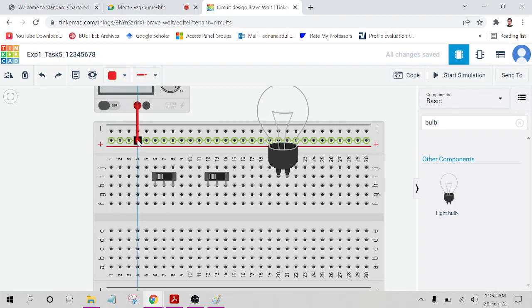First the positive terminal to the positive line, and then the common terminal, which is in my case at column 7. The common terminal is connected with the plus line. Everyone, please complete this connection. Are you done? Yes, sir.